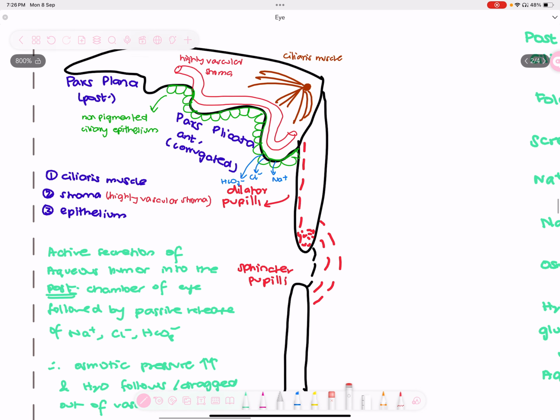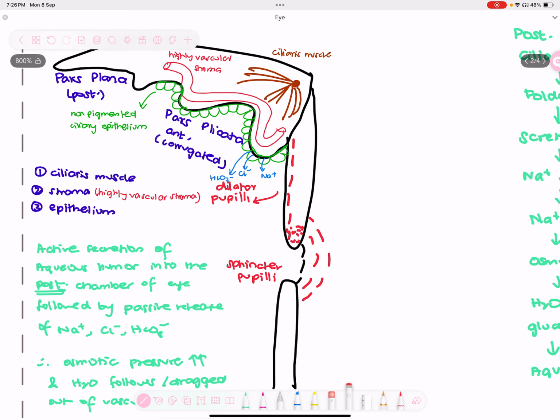Now what exactly happens is that this region of this epithelium is responsible for secreting aqueous humor. It actively secretes aqueous humor, and when it secretes that, where do you think the aqueous humor goes? Into the posterior chamber, because the posterior chamber ranges from the iris to the lens. So this is the posterior chamber, right behind the iris.